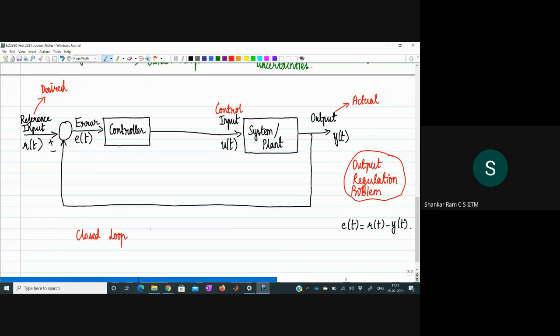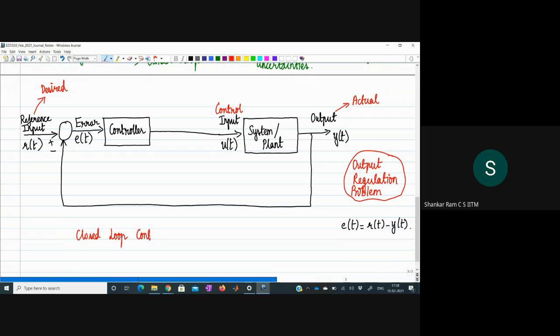Why is it called closed loop? Because we are essentially closing the loop. You can see that we measure the actual output and loop it back to compare with what is desired, and we take some corrective action. That's why it's called closed loop. This is a closed loop control system.